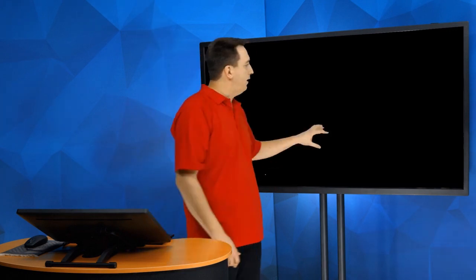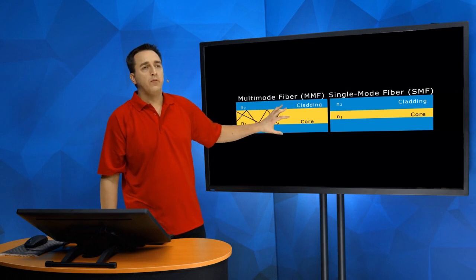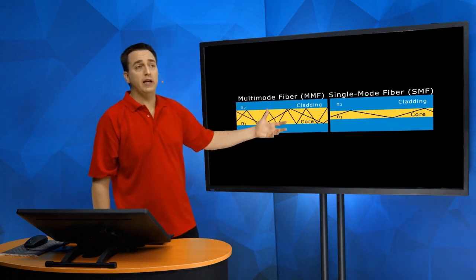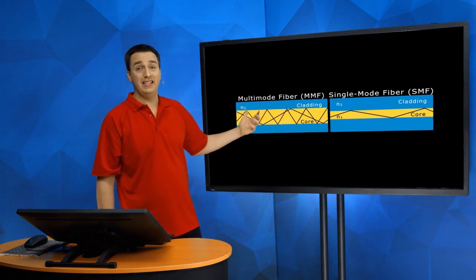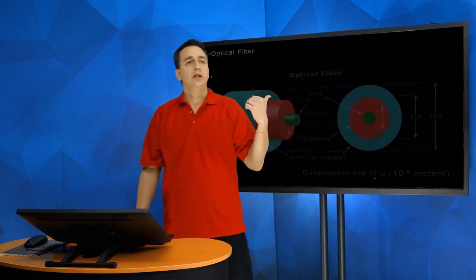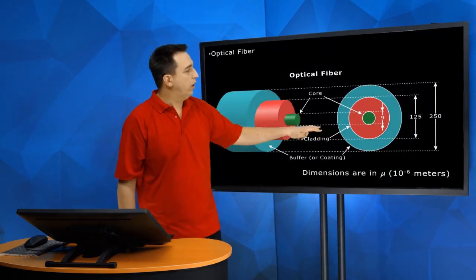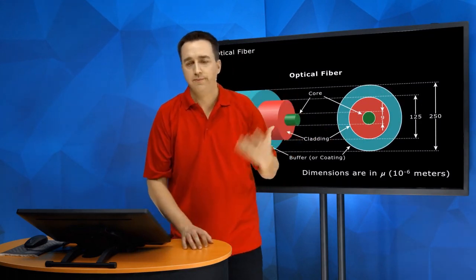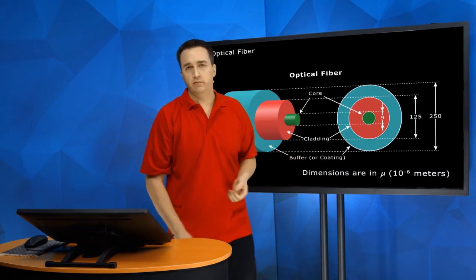So if we go back to this image, with a bigger core, we have less cladding. With a smaller core, we have more cladding. With single mode, as I said, we're going to use lasers, but with multi-mode, we're going to end up using LEDs for our light source. You'll notice here that the 9 micron core is for single mode fiber. And if you're thinking, what do you mean by micron?